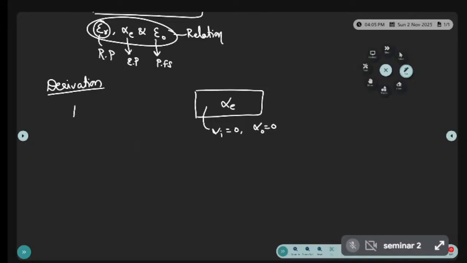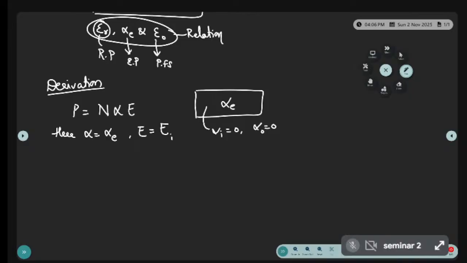From the definition of polarization, P is equal to N alpha E. Here, what is alpha? Alpha is equal to alpha E only. And what is E?